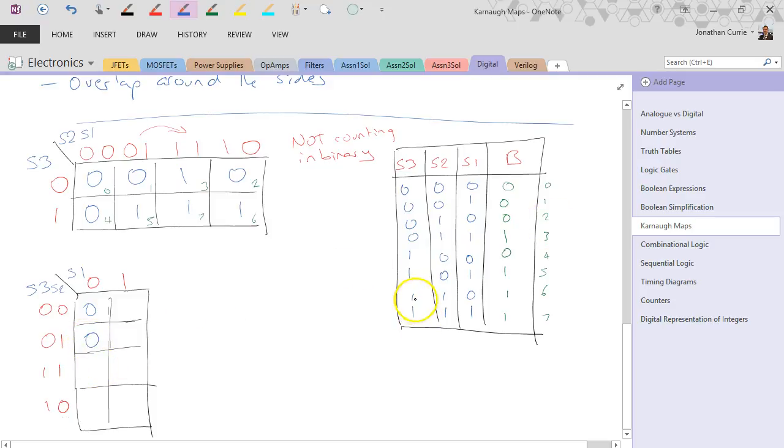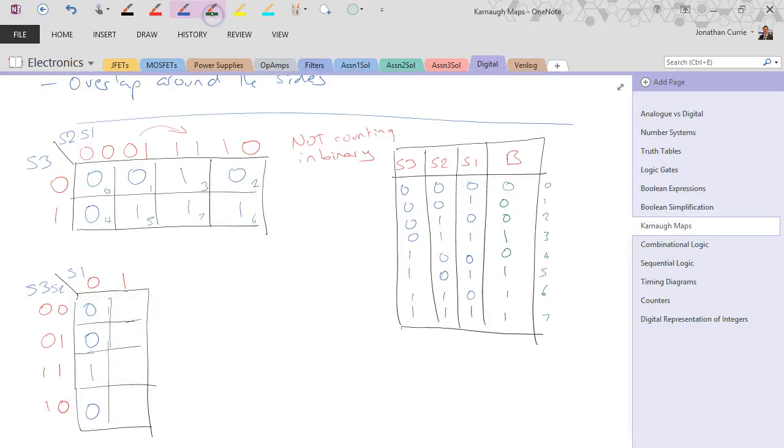Next one I've got is row 6, which is a 1. And then I've got 1, 0, 0, row 4, which is a 0. So this was row 0, 0, 1, 0 is row 2, 1, 1, 0 is row 6, and 1, 0, 0 was row 4.